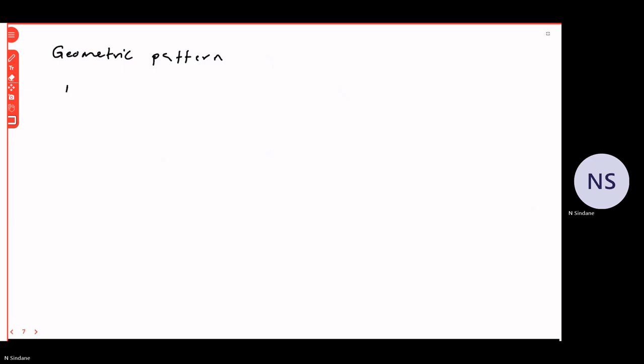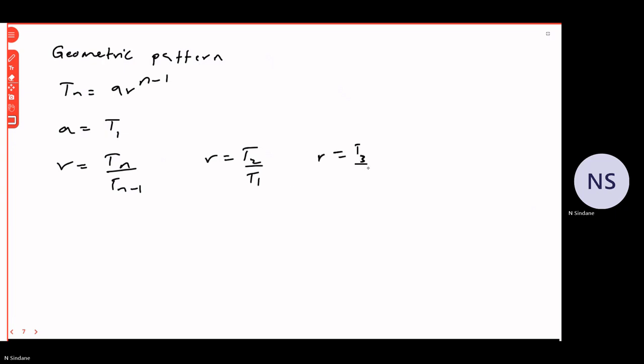This is the formula. A is equal to T1, which is what we know. R is equal to Tn divided by Tn minus 1, which is similar to saying R is equal to T2 divided by T1, or T3 divided by T2, or T4 divided by T3. This is similar for all these three.